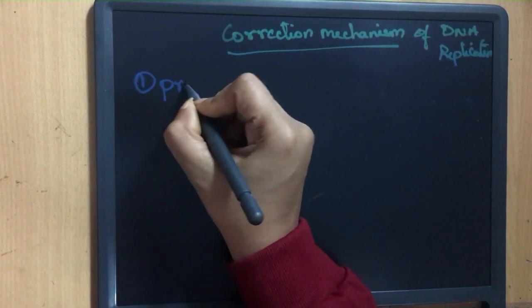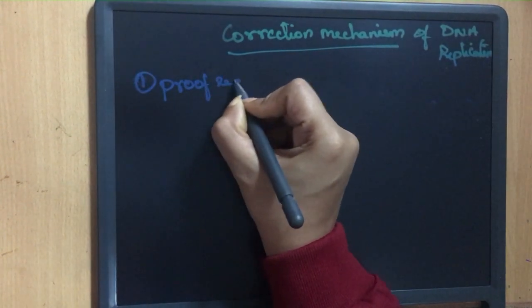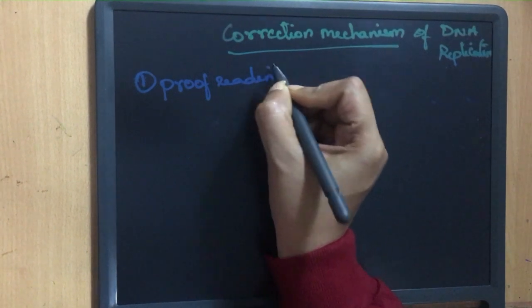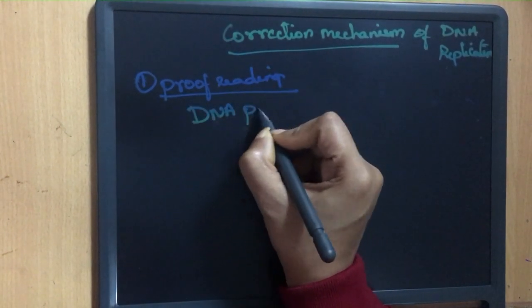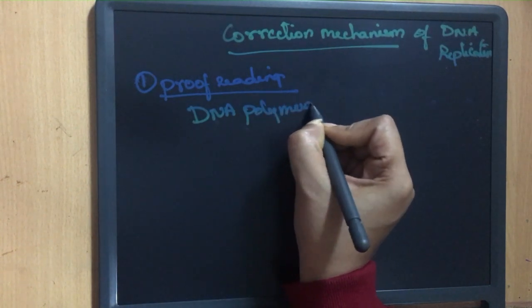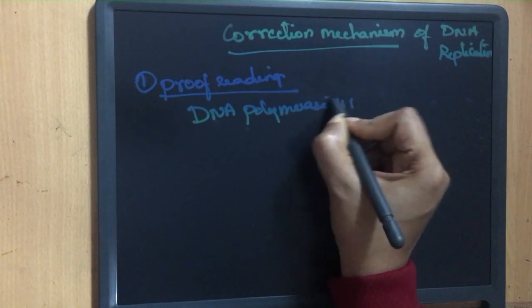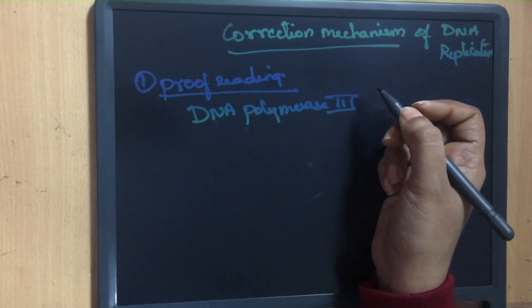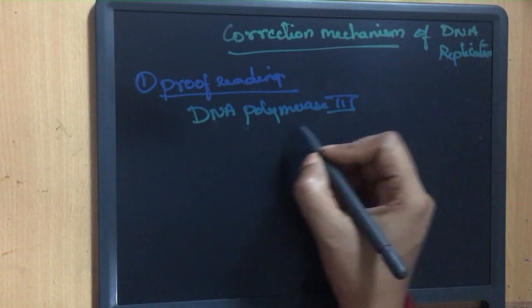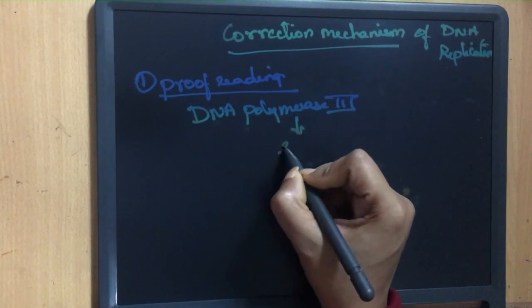So, the first one is proofreading. The best enzyme for proofreading is DNA polymerase 3. It has the proofreading function that allows it to correct errors in real time.